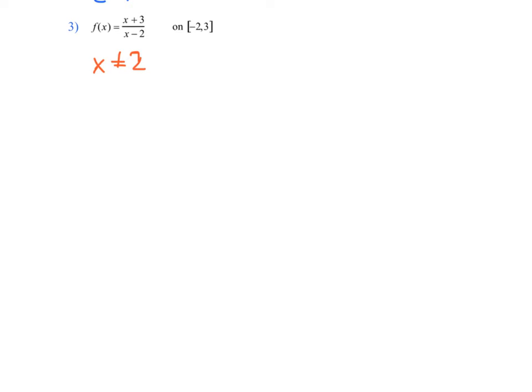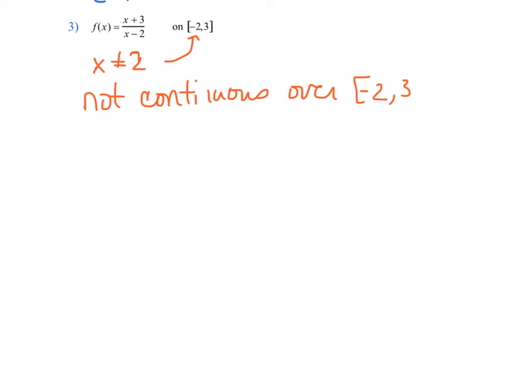Does the value x equals 2 fall within that interval? Yes, it does. And so right away we would say that this is not continuous over negative 2 to 3, and therefore the mean value theorem does not apply.